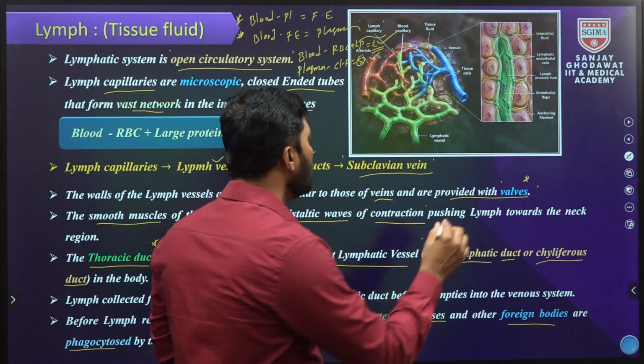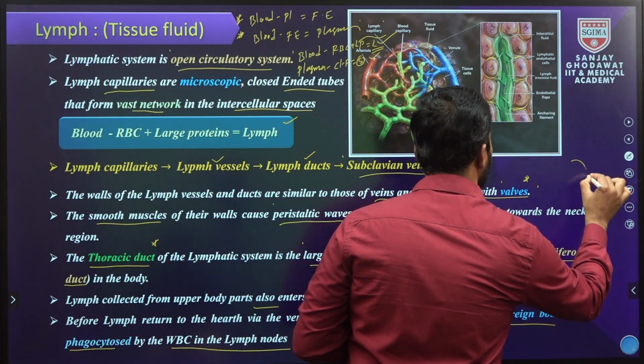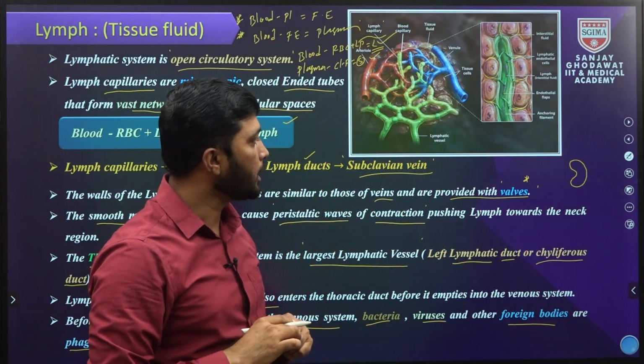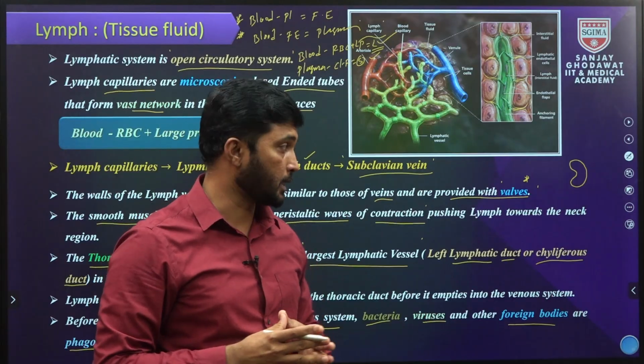There are 500 to 600 small bean-shaped structures called lymph nodes. They are present throughout the lymphatic system. In the human body there are 500 to 600 lymph nodes.